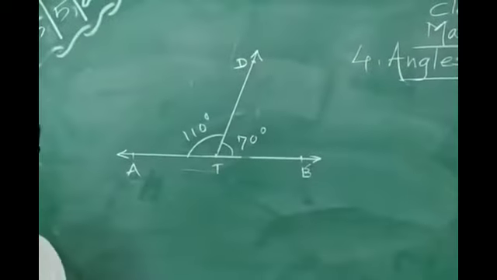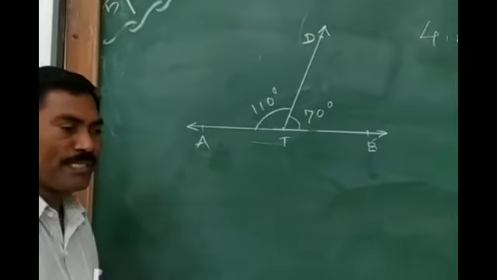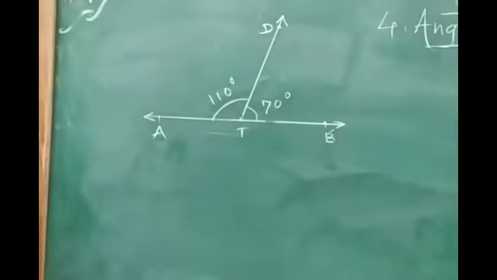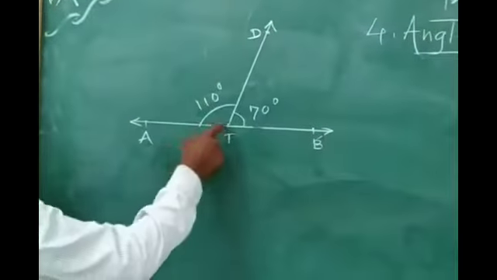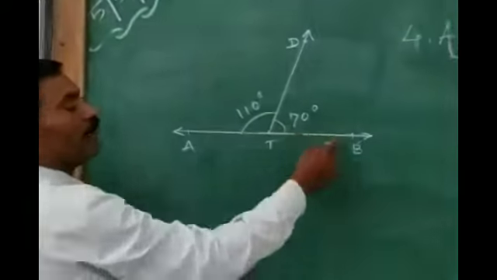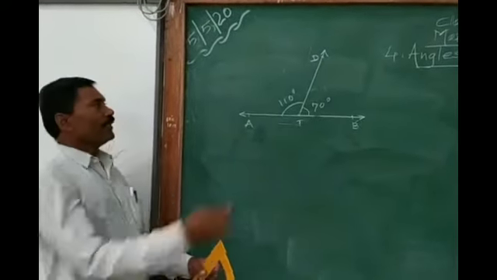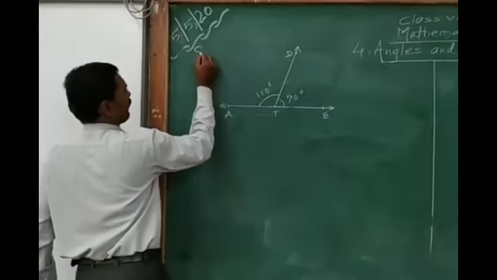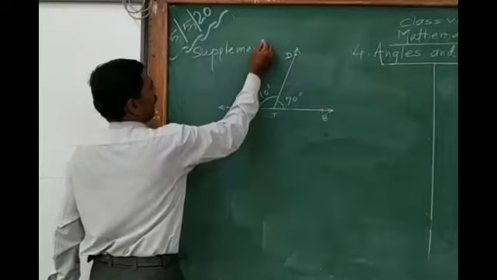What is the sum of these two angles? 110 plus 70 is equal to 180. Now these two angles, angle ATD and angle DTB, are called supplementary angles. So today we are going to see supplementary angles.